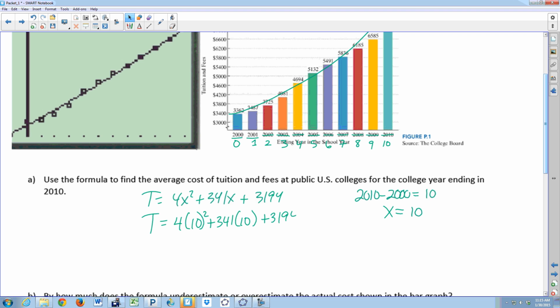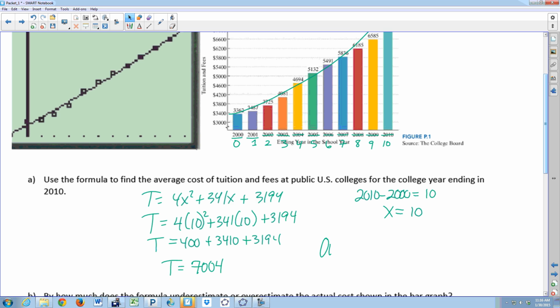Oh, okay. So now we have an equation where we filled in the value for x, and now we can compute it, evaluate it, find the value, and we get 400 plus 3,410 plus 3,194. And this is telling us that in the year 2010, our model estimates the tuition and fees to be $7,004.